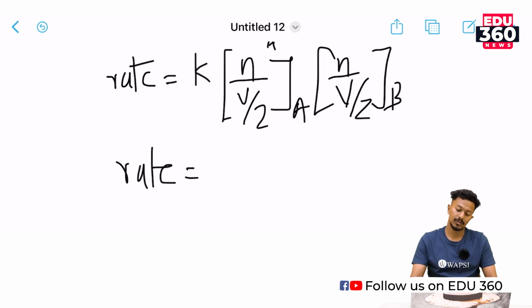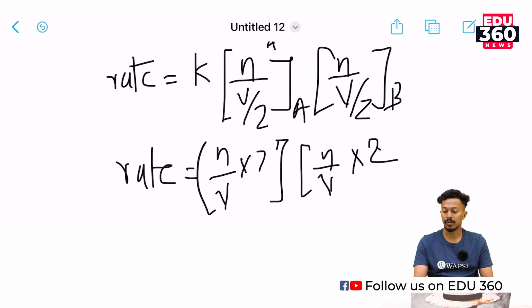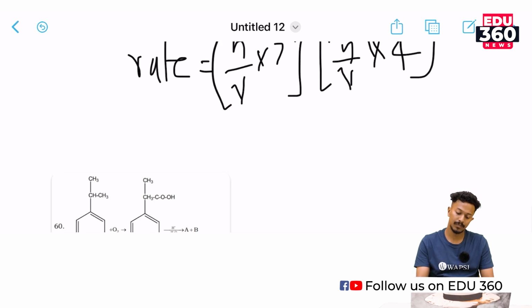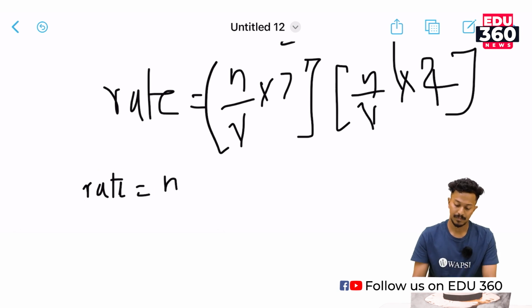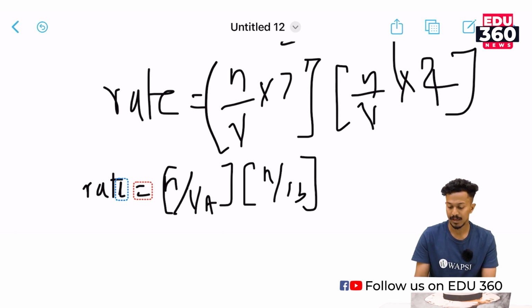So that n by V into 2, then n by V into 4, 2 squared is 4, which comes to rate is equal to n by VA into n by VB squared into 8.